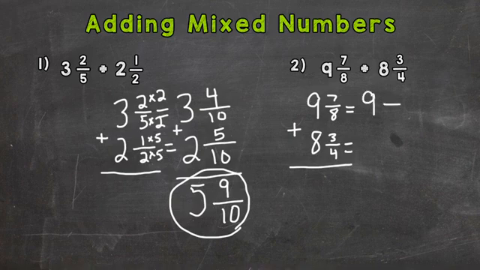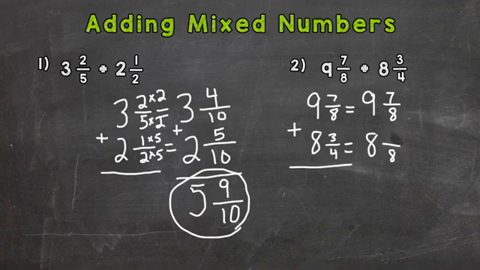So let's think, what's going to be a common denominator for an 8 and a 4? Well, the common denominator is going to be 8. So our first fraction, 9 7/8, already has a denominator of 8, so we do not need to rename or change that fraction at all. So we're just going to transfer the 7/8 over.